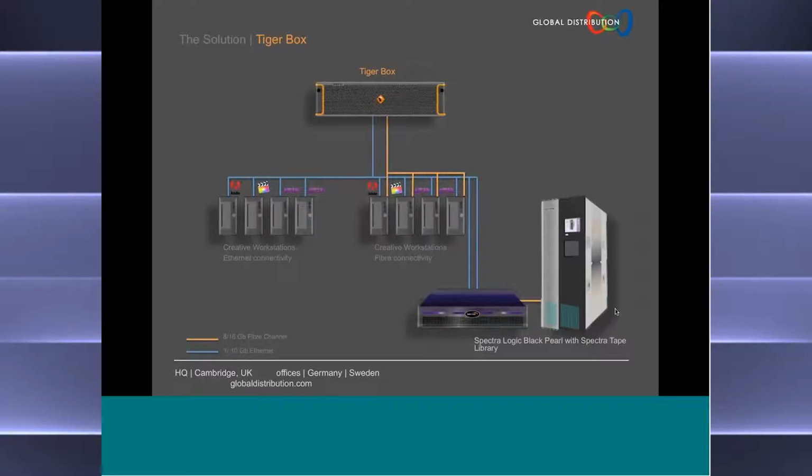Again, depending on the specification you order, you can get 10 gig, 8 gig fiber, 10 gig Ethernet, 16 gig fiber, or combinations thereof, so you can best decide what connectivity to use to the workstations. Again, we're connecting over 10 gigabit Ethernet to the Black Pearl and then on to fiber SAS to the tape library, whichever is your preference. And again, this is how we can move data from the Tigerbox via the Black Pearl appliance into the library.